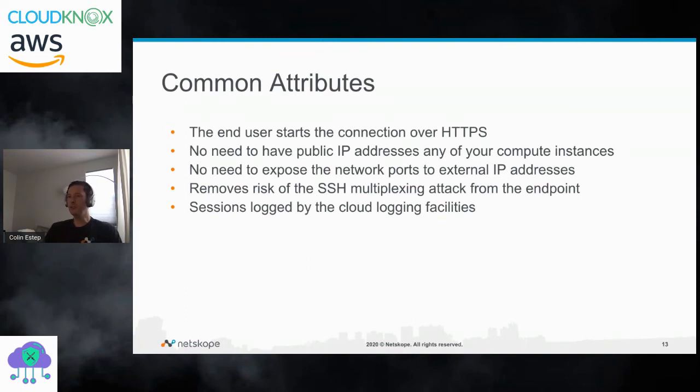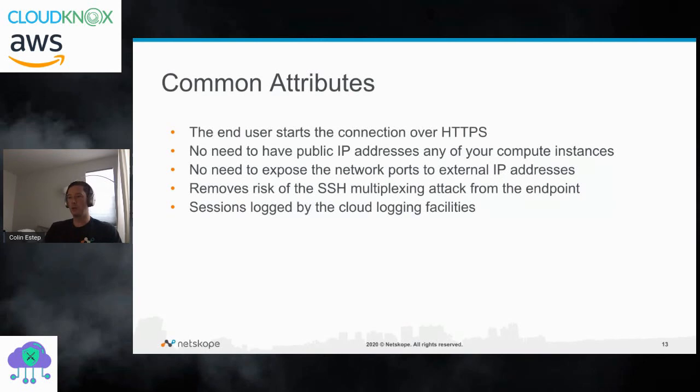The first one is that your end users are not actually establishing SSH or RDP connections straight up from their endpoints. They're going over HTTPS to start these connections. The next two items are related to having Bastion hosts as well.